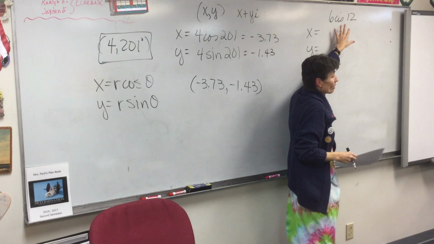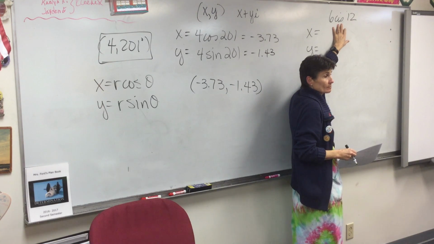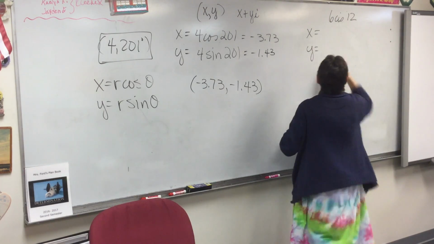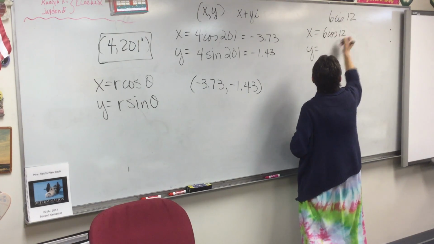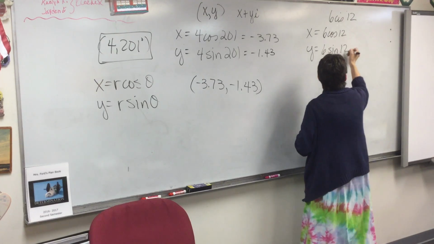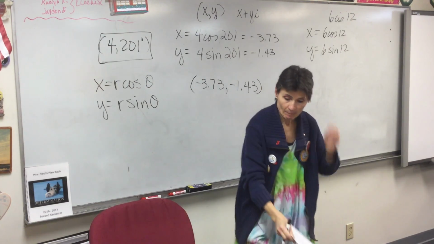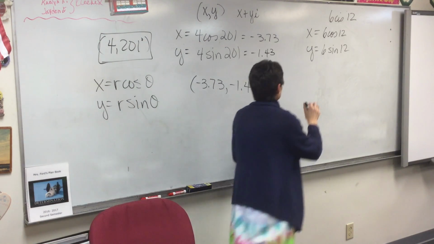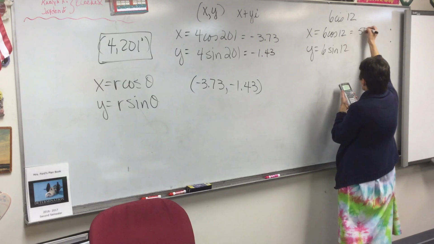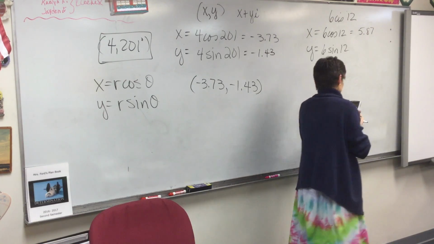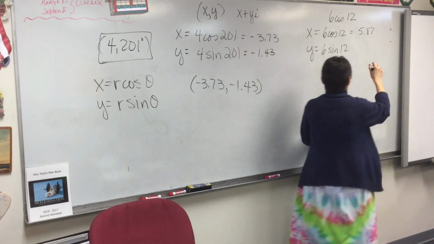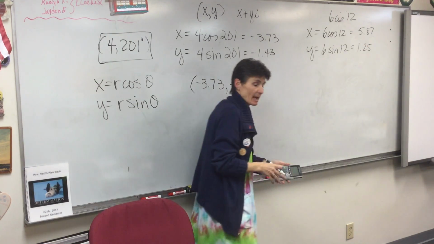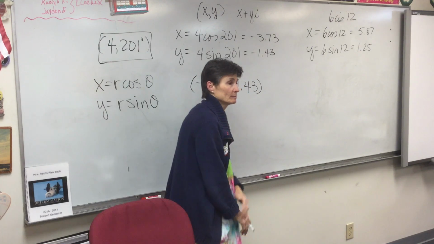So what's R? 6. Theta is 12. So X equals 6 cosine 12 and Y equals 6 sine 12. Then I get out my trusty calculator. 6 cosine 12. 6 sine 12. There we go.